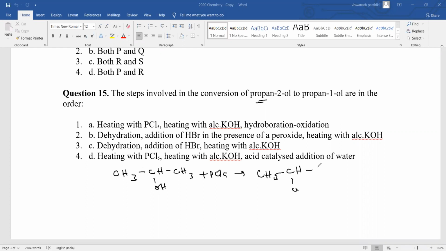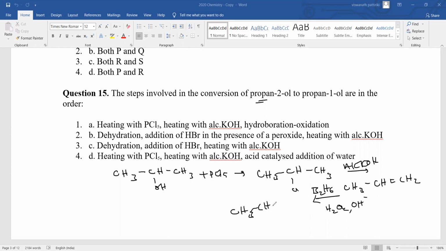Then heating with alcoholic KOH, an elimination reaction takes place, and the product is propene. This propene undergoes hydroboration oxidation, B2H6, H2O2, HO minus. Hydroboration oxidation follows anti-Markovnikov addition, so the product is propan-1-ol. So option A is the right answer. Okay, done.